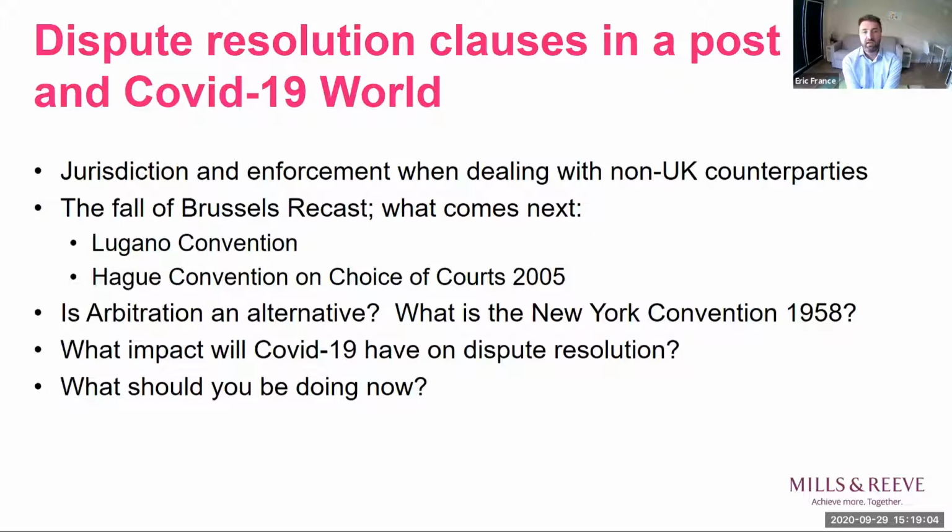Secondly, if the EU doesn't let us join Lugano, then you should take a look at your jurisdiction clauses, and if they are non-exclusive jurisdiction clauses, you may want to consider agreeing exclusive jurisdiction clauses instead, so that you might benefit from the UK's fallback plan of rejoining the Hague Convention.